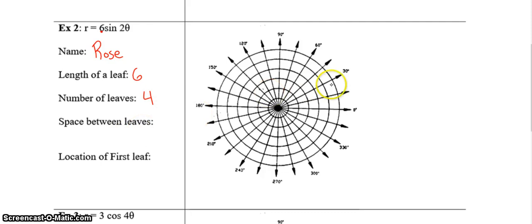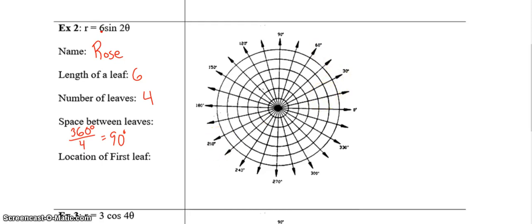Now if we put 4 leaves evenly around the circle, 360 in degrees, or if we're dealing with radians, 2 pi divided by 4.